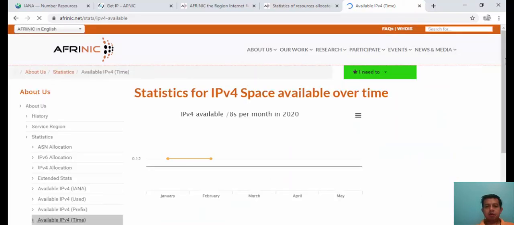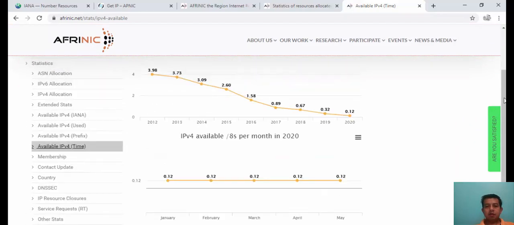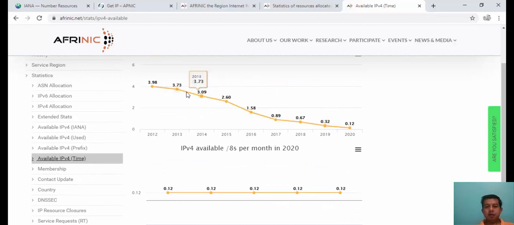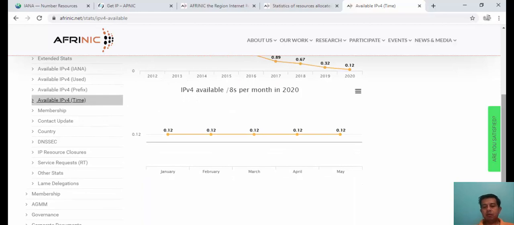So this is the statistics for IPv4 space. You can see the number of available addresses is reducing. At this point of time, very few IPv4 addresses are available. Clear? So IPv4 addresses are almost about to be exhausted.